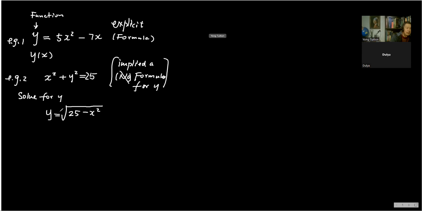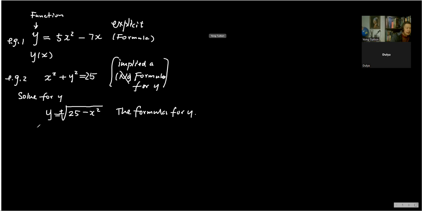And of course, sometimes we put positive or negative. So in this particular case, we have an analytical formula. So this is the formula for y.